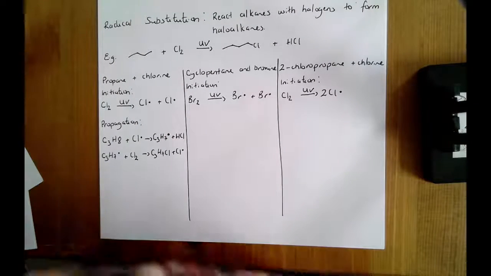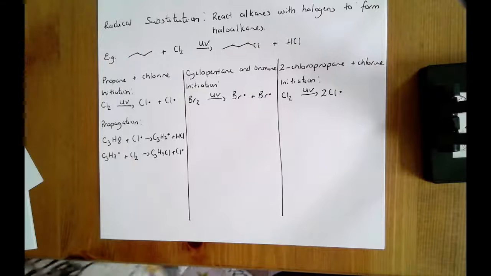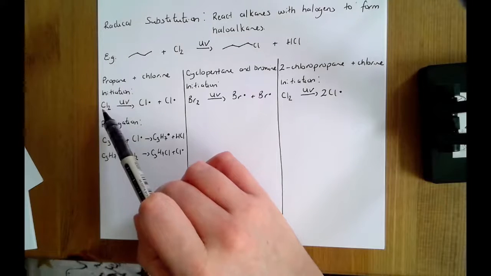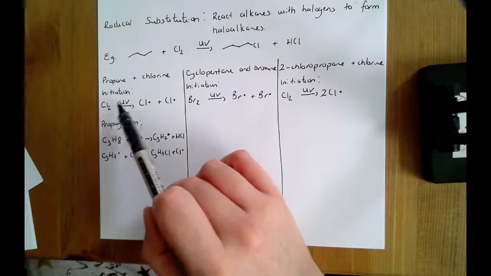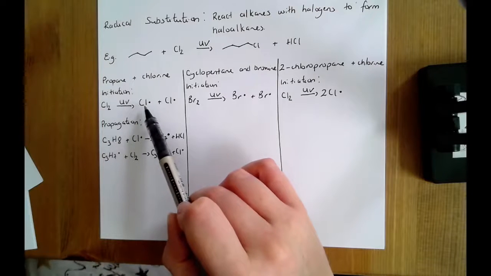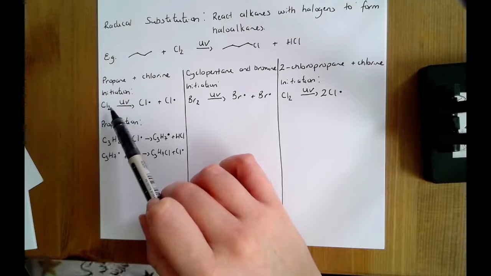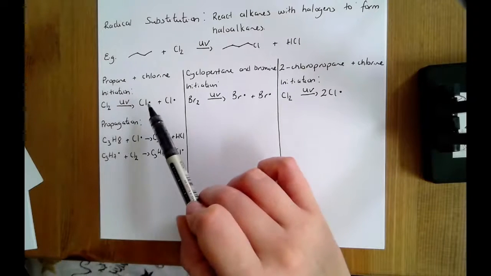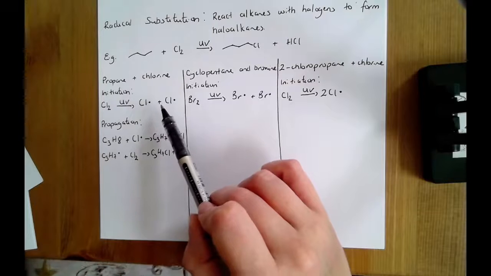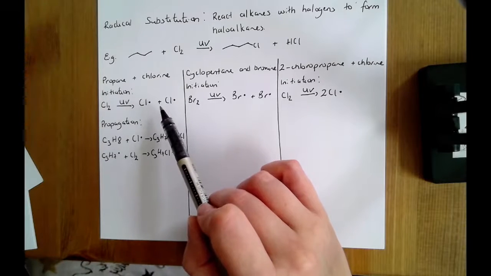So what you'll see here, in your initiation step, you started off with something relatively unreactive, chlorine. You used UV light and you formed 2 very reactive chlorine radicals. It's called initiation because you're starting with something unreactive and you're making something very reactive. It initiates or kickstarts the reaction.